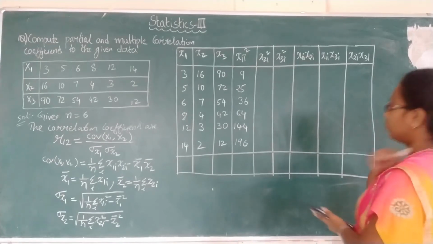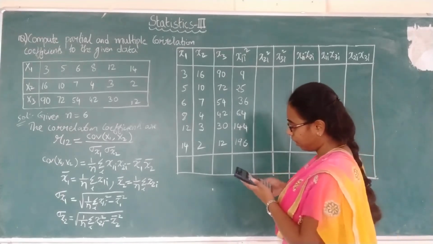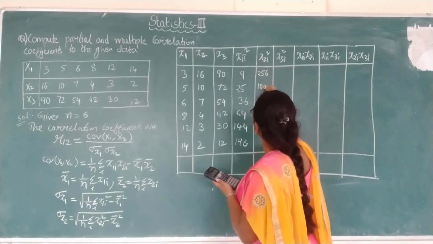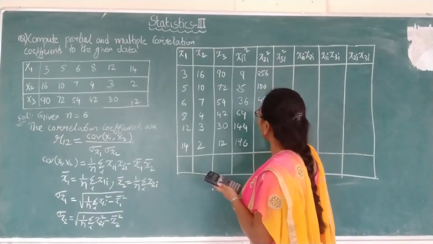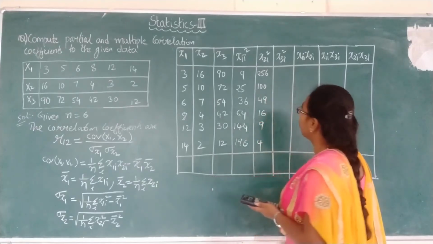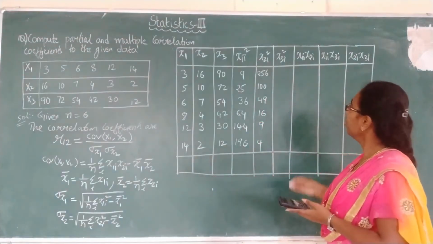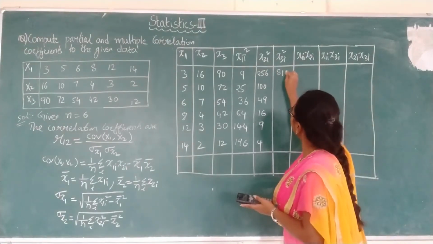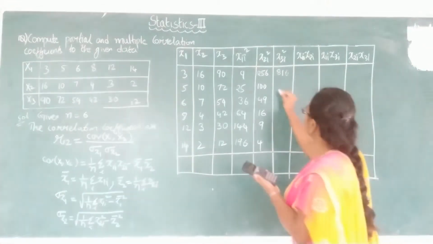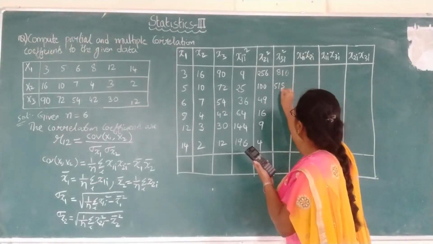So similarly, you have to find the x2 squares. What is x2 square? First, 16 square is 256. Next 10 square 100. 7 square 49. 4 square 16. 3 square 9. 2 square is 4. Next similarly 90 square is 8100. Next 72 square is 5184.